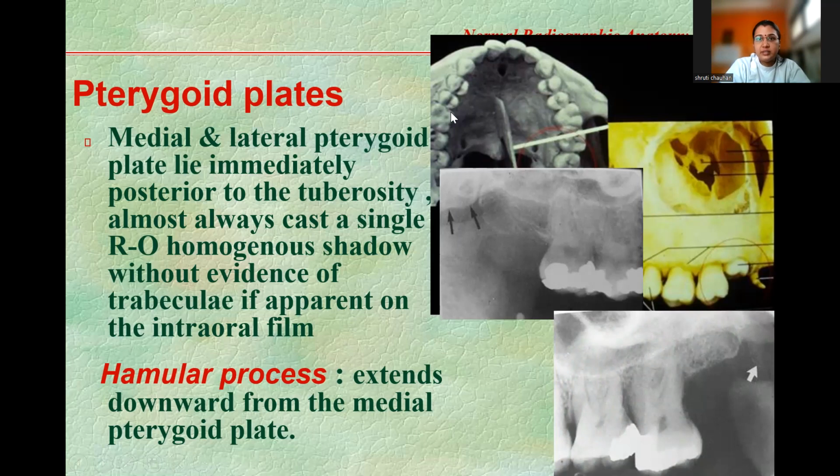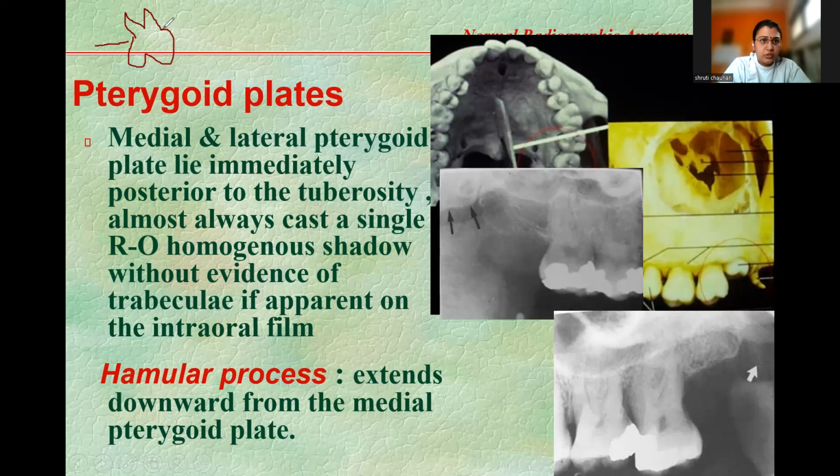I will draw it. Just give me a second. Okay, see, this is your third molar. Please excuse me. I don't have my mouse, so my drawing is not so perfect over here. One second.